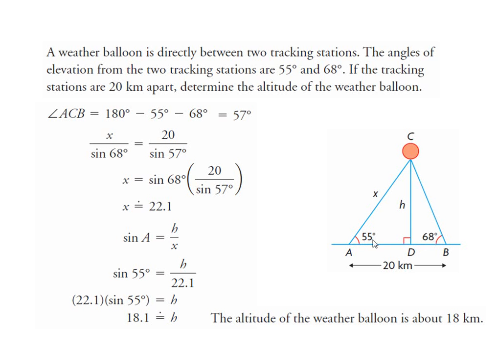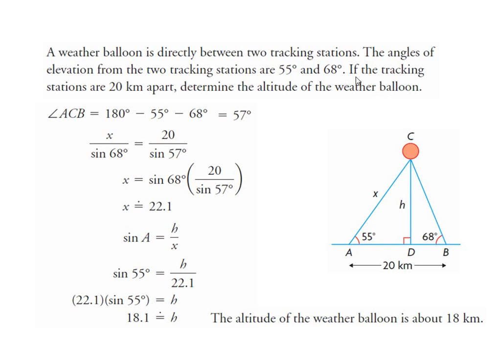You can assign 68 to here and 55 to there. If you reverse the positions of these two numbers, it doesn't matter. But naturally, we first assign 55 to here, and then 68 to the second one.